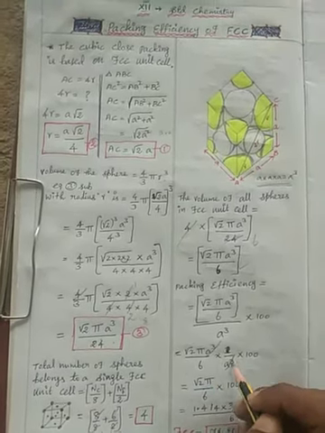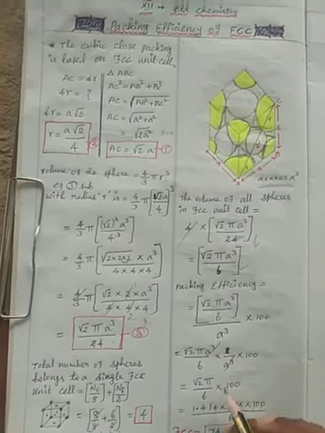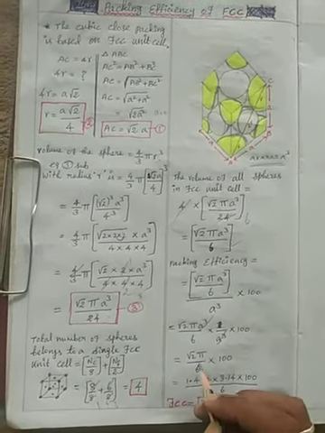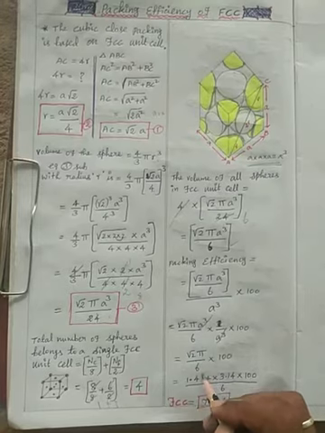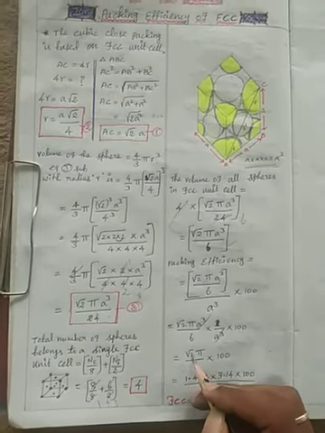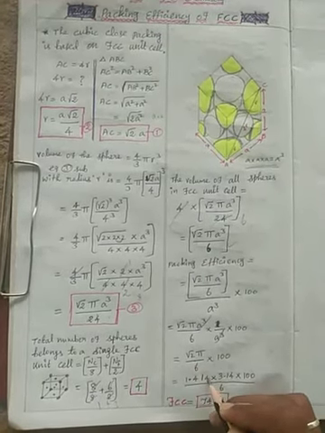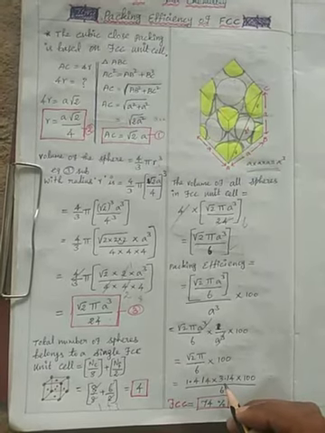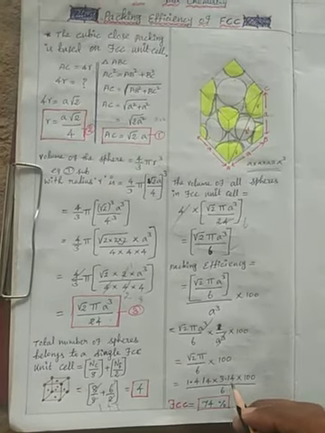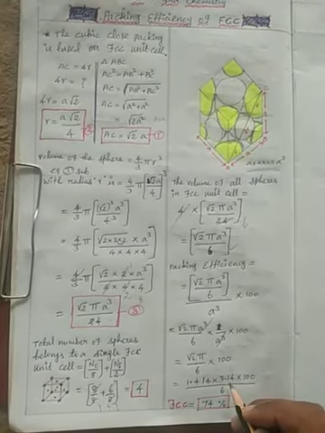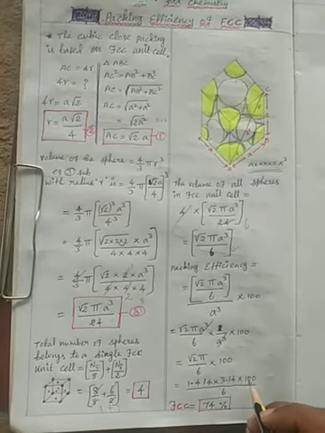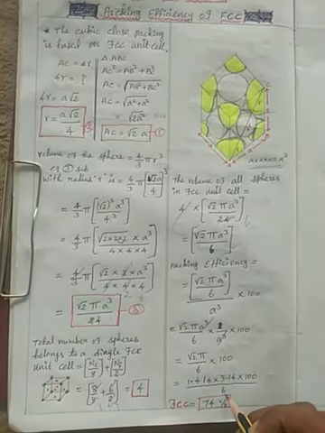Calculating the packing efficiency, a cubed cancels, the volume of the cube cancels, leaving root 2 by 6 into 100. The root 2 value is 1.414, multiplied by the pi value 3.14, into 100 divided by 6.